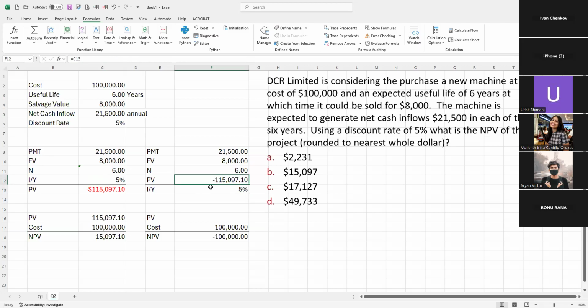If I use exactly the same amount, my calculation naturally is going to come up here with 5%. But what we said, I want to see here net present value 0. So which is the amount that I have to enter here as a present value? Is it $150,097 or something else? So again, if I want to see here 0 and I'm subtracting present value from the cost, my present value needs to be 100,000, correct?